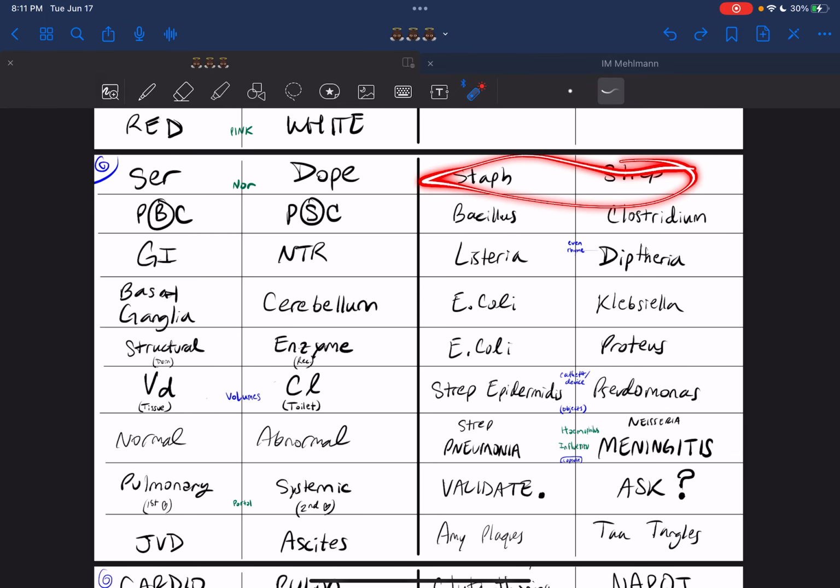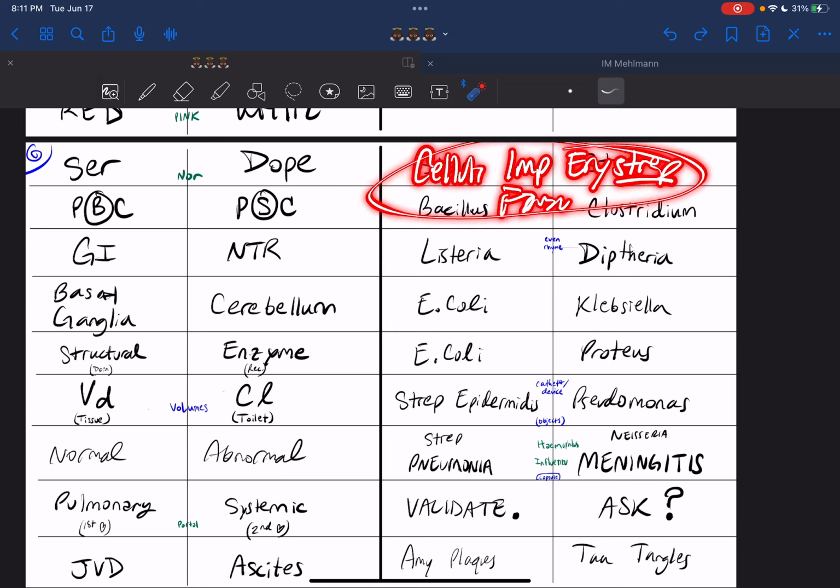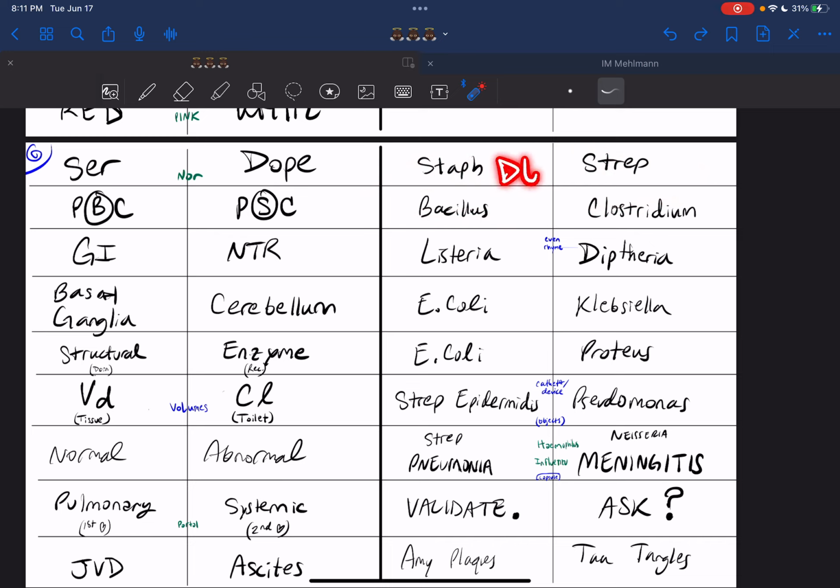Staph versus strep, the two strongest, most famous, most important gram-positive bugs. When it's gram-positive, your first thoughts are staph versus strep. When it's a skin infection, your first thoughts are staph versus strep. Impetigo, erysipelas, which I call erystrepilus, cellulitis, fasciitis, all those skin things, derm, are caused by staph and strep.